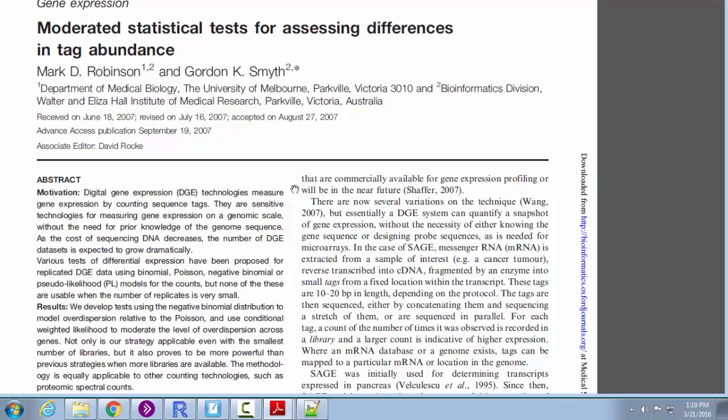We've talked about this issue that the response variable is a count. When we're playing with microarrays and some other technologies, the response variable is like a fluorescent intensity, a pixel intensity, a light intensity, and that's basically a continuous number. It varies so much that it could be treated basically as a continuous number.